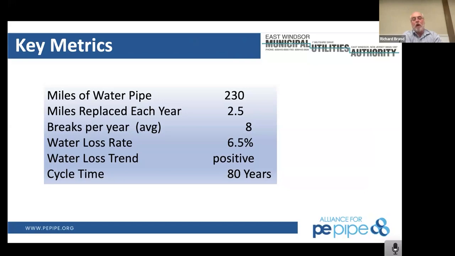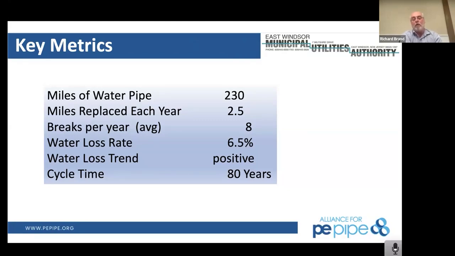But we hit all of our hot areas with the high density polyethylene. We replaced all of our hot spots that were ductile iron with the high density polyethylene. And as you can see now, our break rate has dropped.